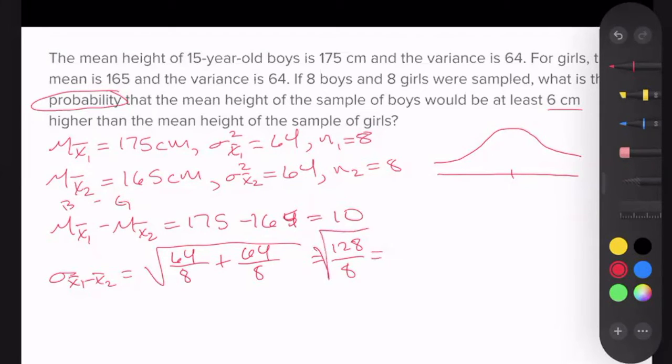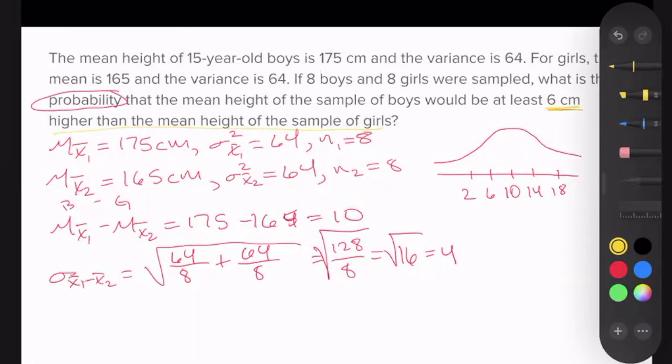Okay, so on my normal curve, I have a mean of 10 and a standard deviation of 4. So I can count 4 up and then 4 more up, and 4 less and 4 less. And the question being asked here is 6 higher, right?